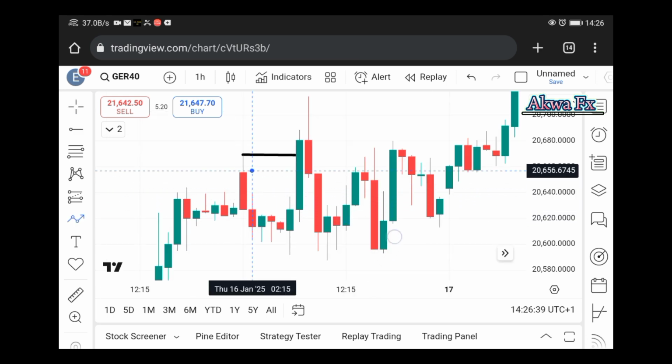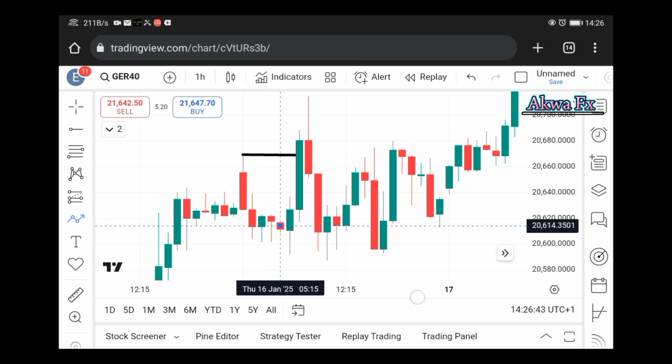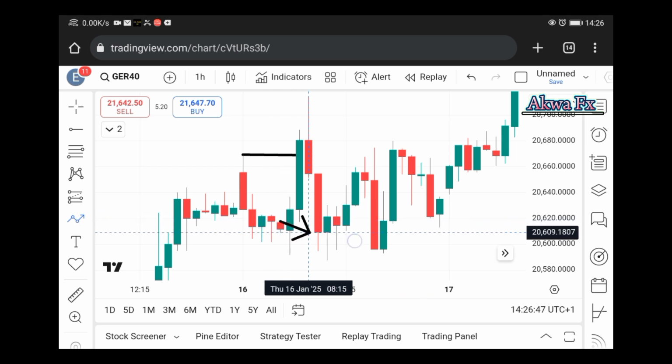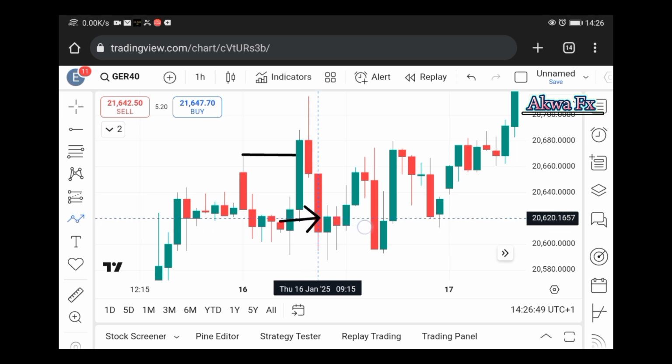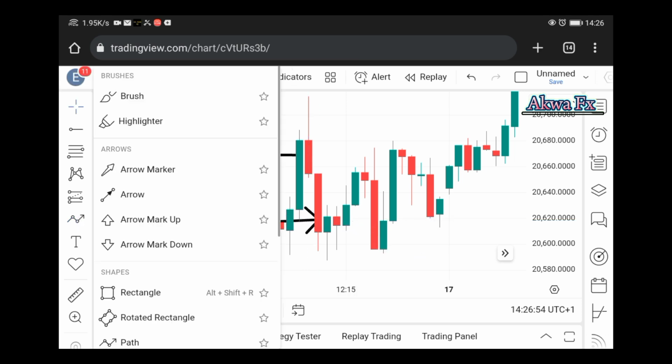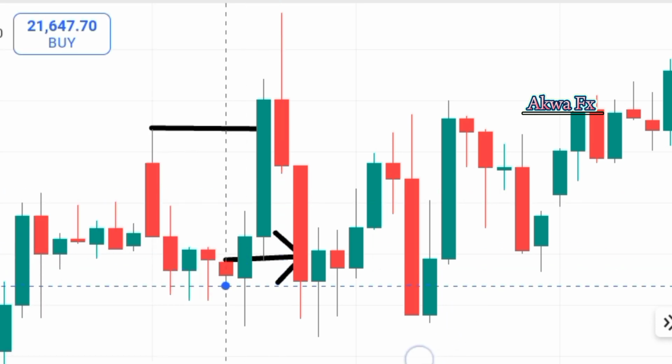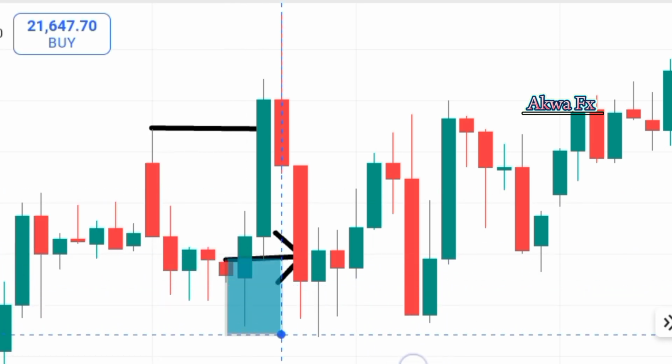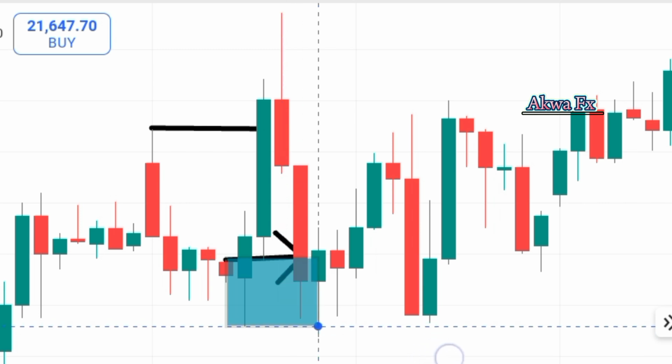Upside, I'm using H1. It's breaking structure to the upside, and here is supposed to be the zone. Here is supposed to be the last down candle before the structure that has been broken to the upside, which if you scale out this zone right here, this is where the candle ends.